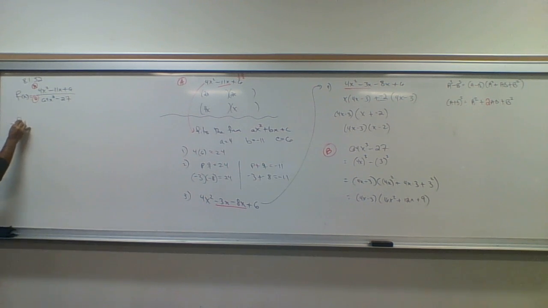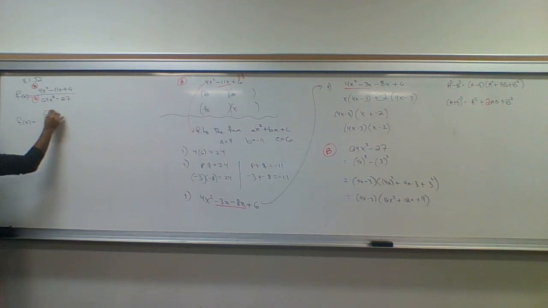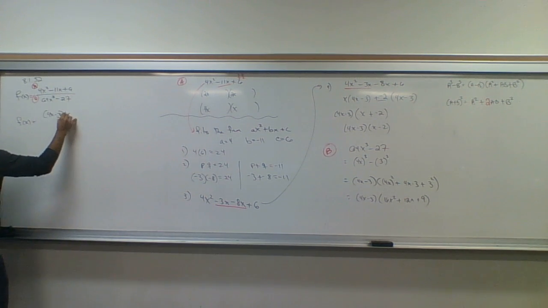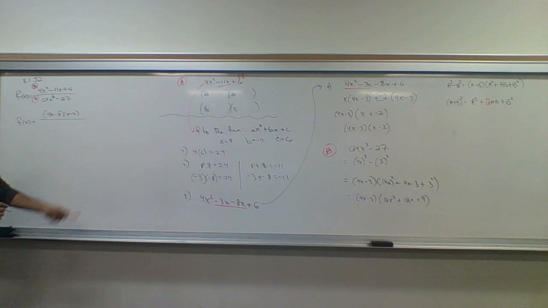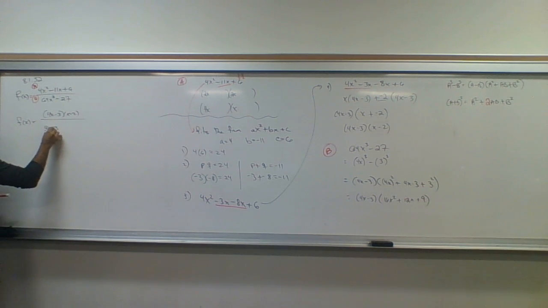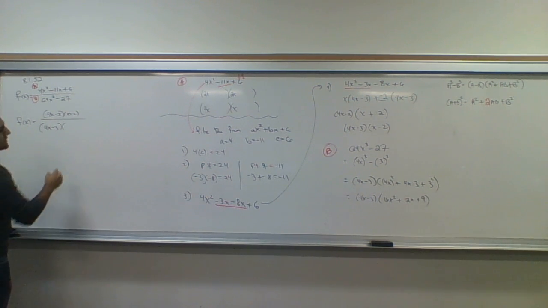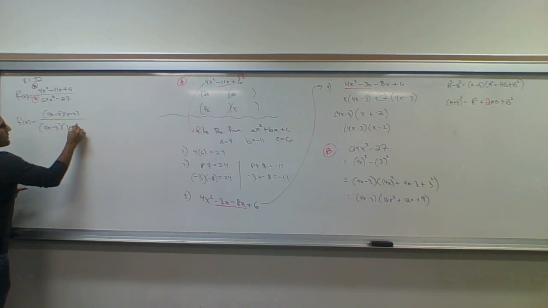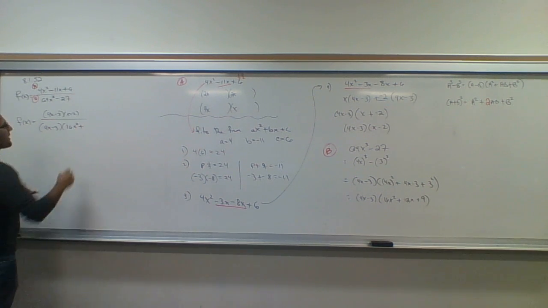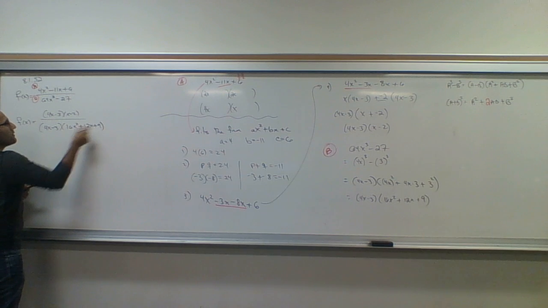Okay, so now back to the original question. These are really long questions. This chapter has very long questions, so spread out your work. You're going to use a lot of paper in this chapter. So the numerator ends up being 4x minus 3 times x minus 2, and the denominator ends up being 4x minus 3 times 16x squared plus 12x plus 9.